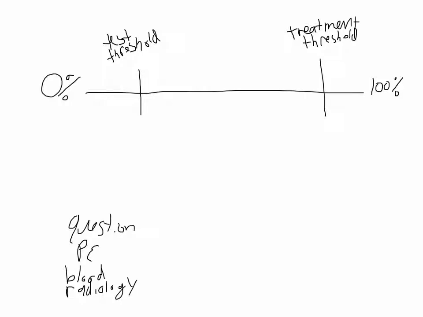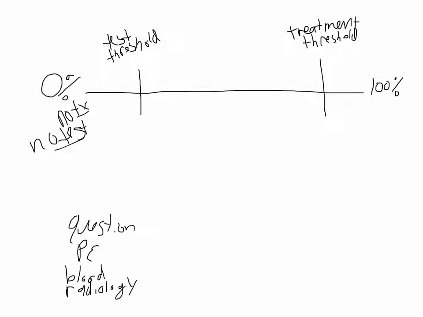So what's the purpose of it? The purpose of it is we have these thresholds, the test threshold and the treatment threshold. What this means is I can have a test threshold that says if the probability of you having this disease is less than this threshold, then no further analysis is needed. No treatment, no test.